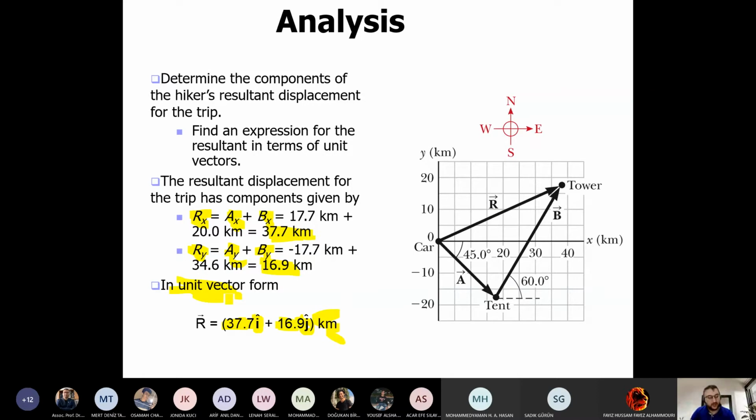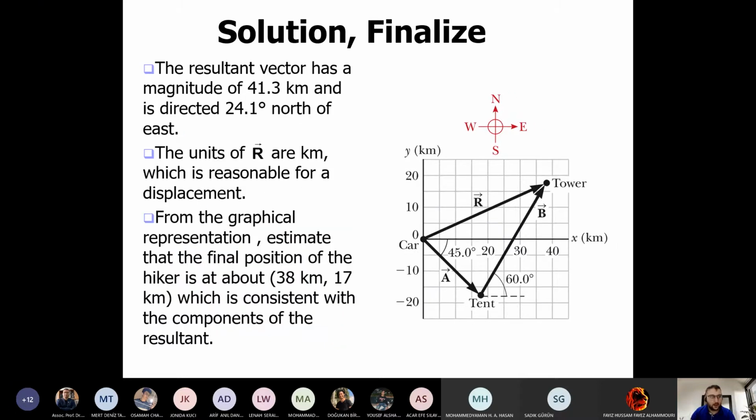So this is the resultant displacement vector for this question. After that, the resultant vector has a magnitude of 41.3 kilometers and is directed 24.1 degrees north of east. The unit of R is kilometer, which is reasonable for displacement.